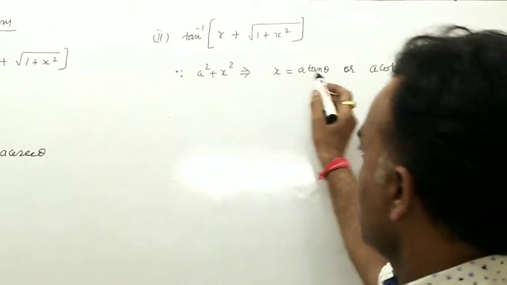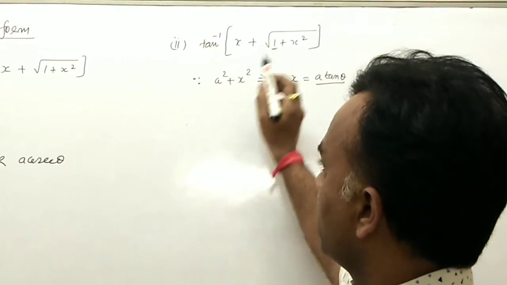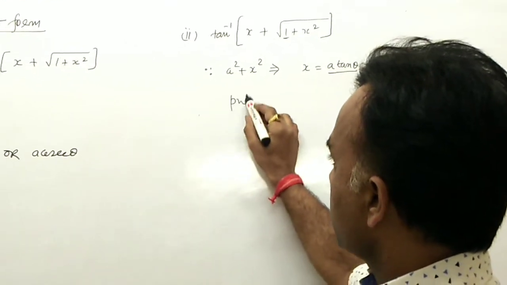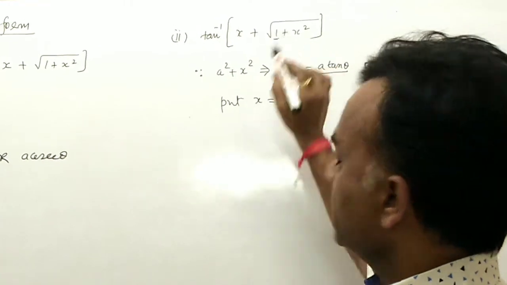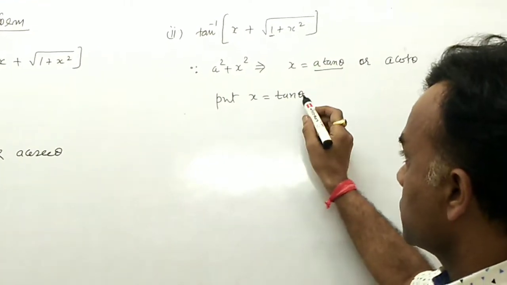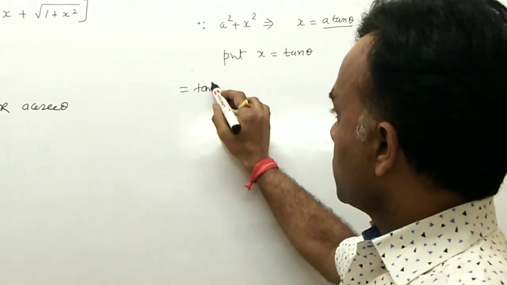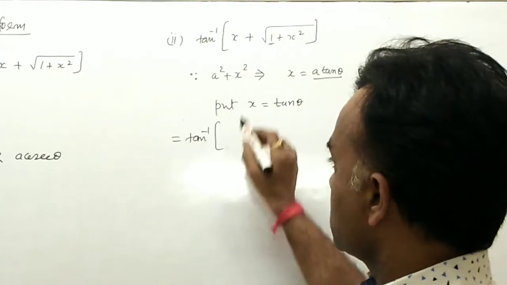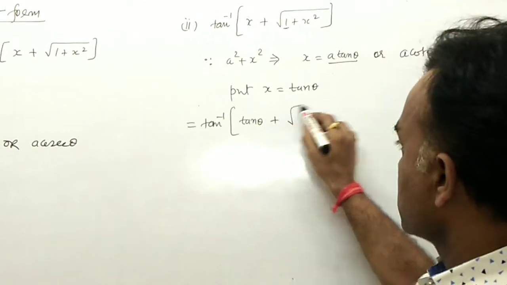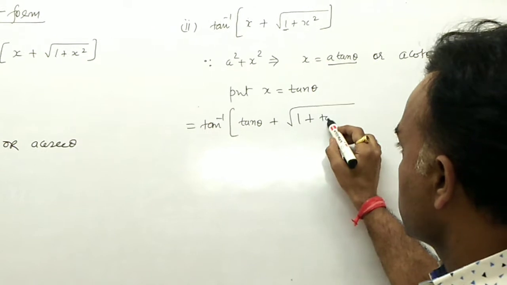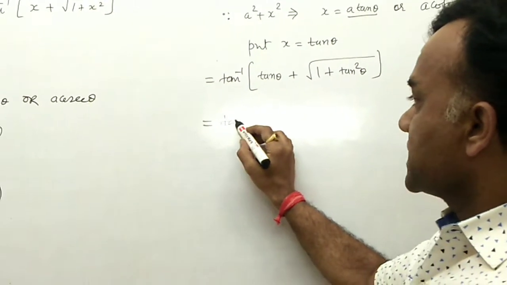So we first substitute x equal to a tan theta, but in place of a we have 1, so put x equal to tan theta, because the value of a is 1. Substituting in the given expression, we have square root of 1 plus tan square theta.